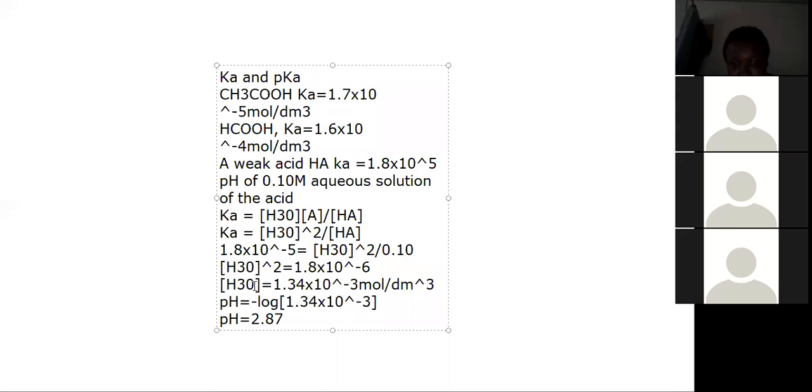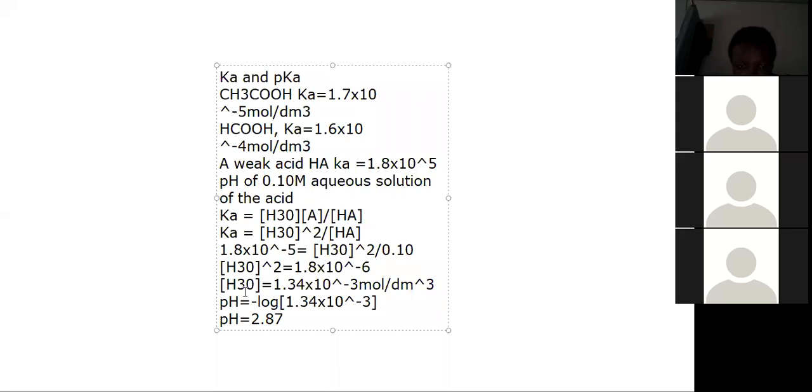So you come and find the concentration of this. This means that the concentration of this is the same as that of the A minus. That's what it means. So this is the entirety of the concentration of this. Now, when we come and find the root of this, then we are going to get this.